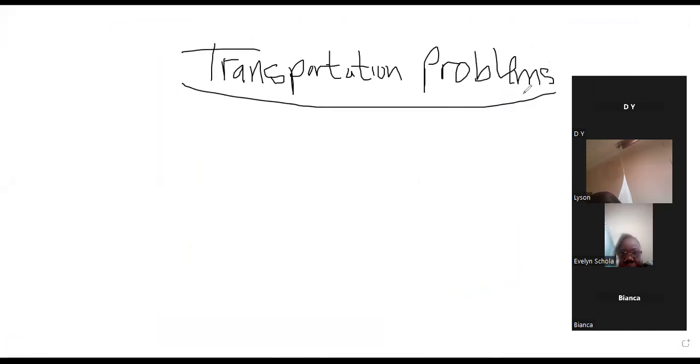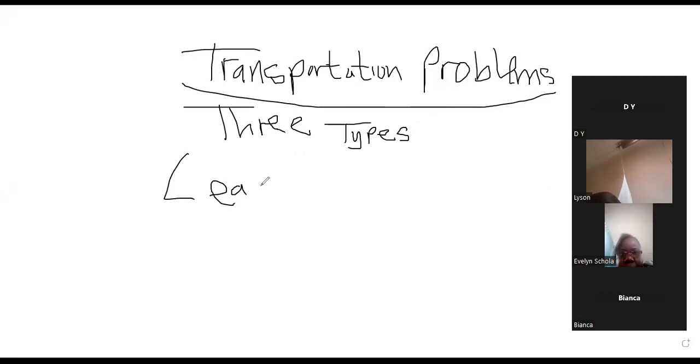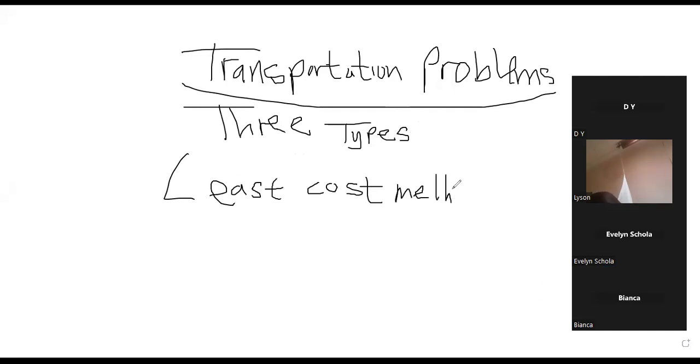There are three types. The first one is called the least cost method. Then the other one is the northwest corner method.